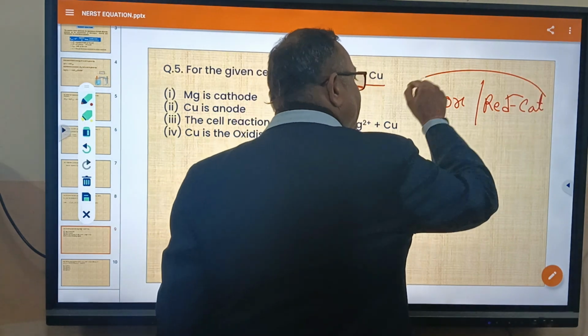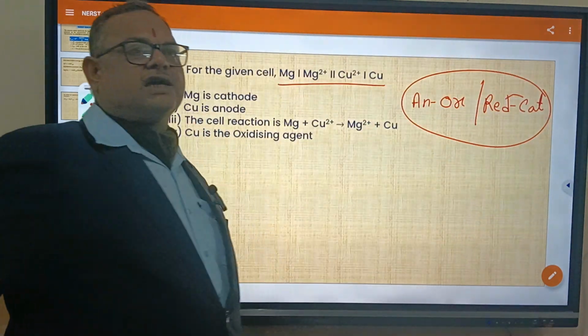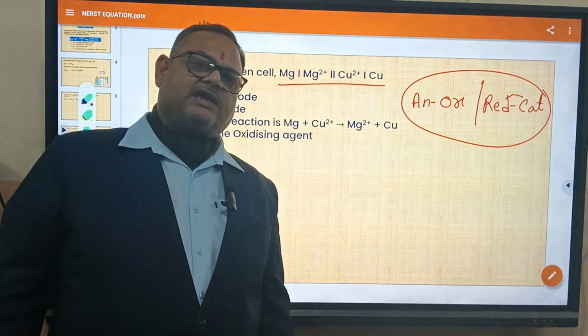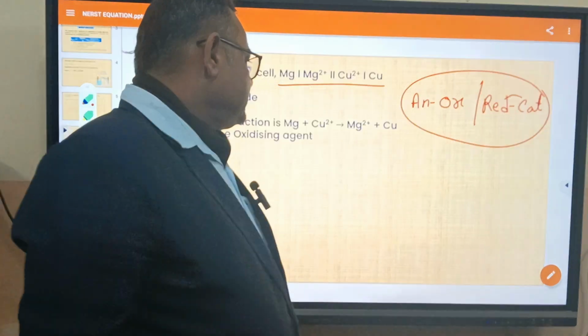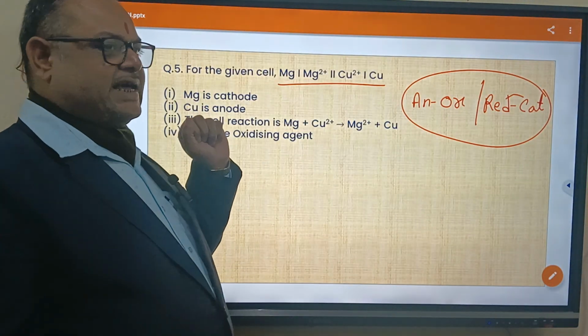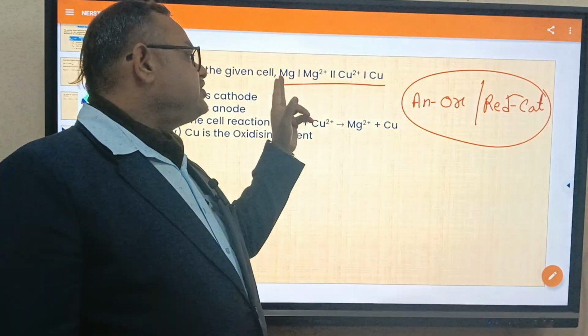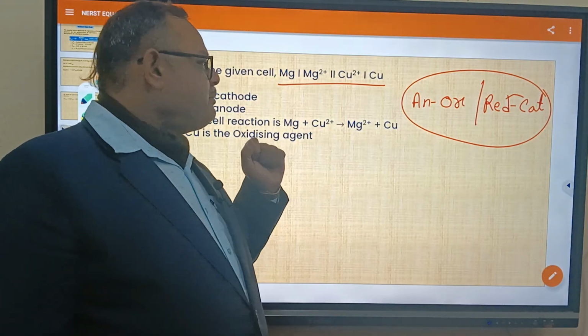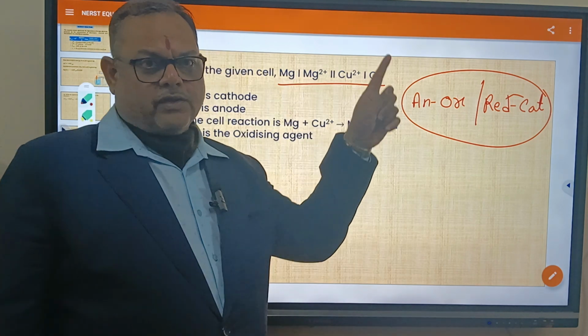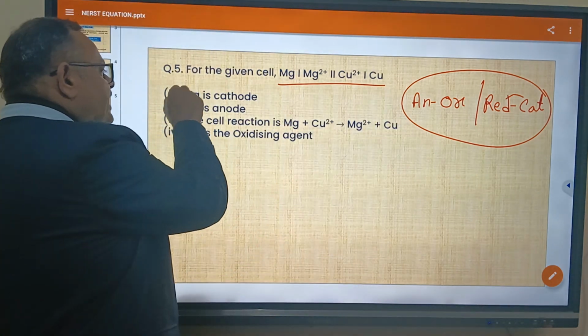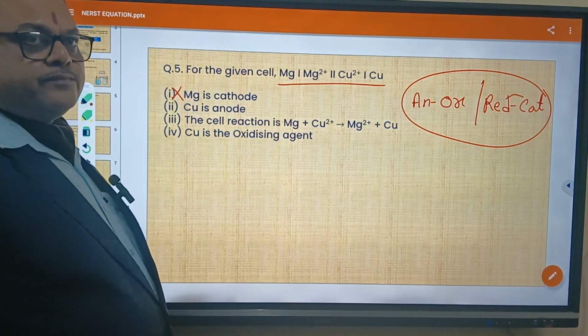So this will help you memorize that oxidation occurs at anode and reduction occurs at cathode. Now this says magnesium is cathode, but it is evident from the cell representation that magnesium is getting oxidized. So magnesium will be anode, thus the first option cannot be correct.